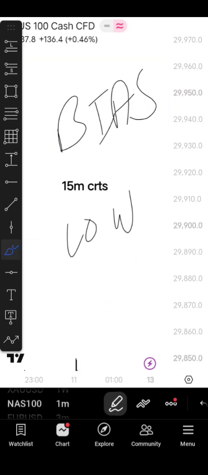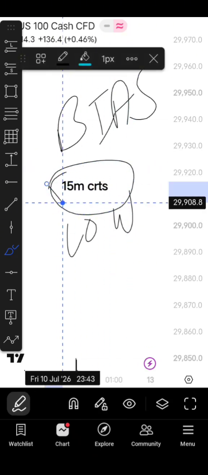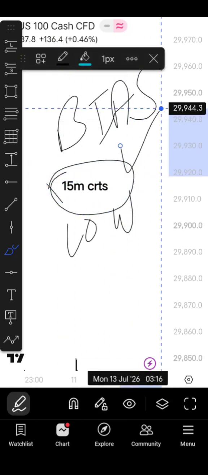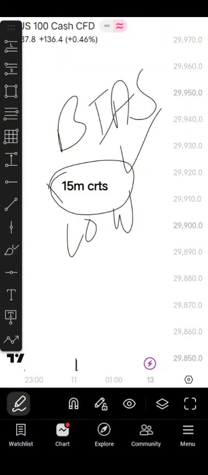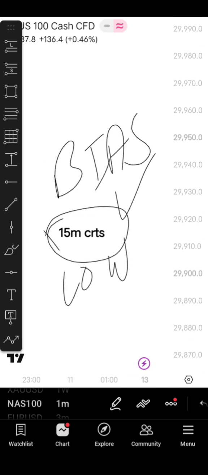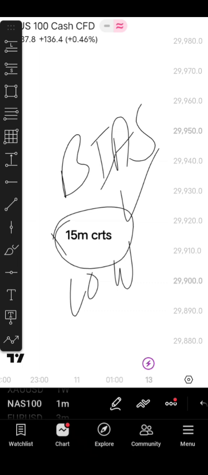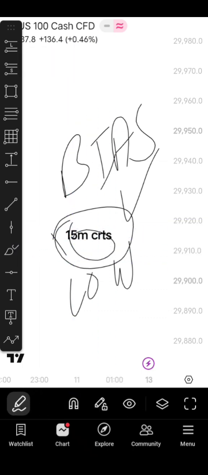The 15-minute chart does not require any type of bias to go with. If it forms with the bias, then it is good. If not, then you can also trade it, because for the 15-minute candle the bias doesn't matter. In my opinion, the big players like smart money and hedge funds don't care about these little candles.